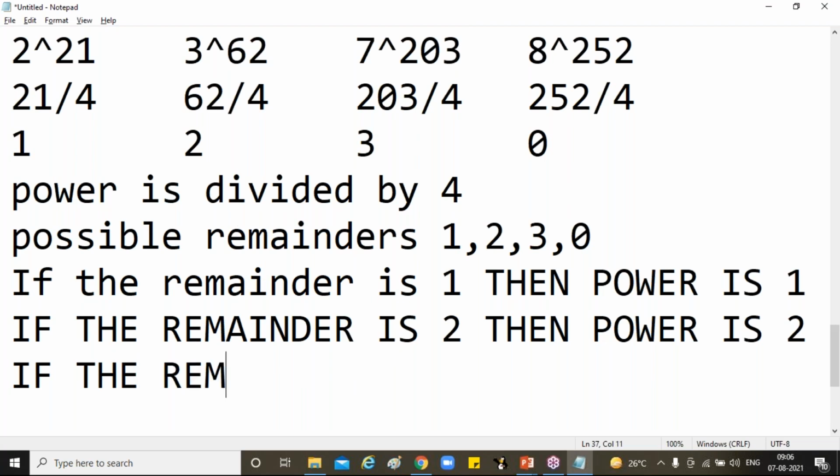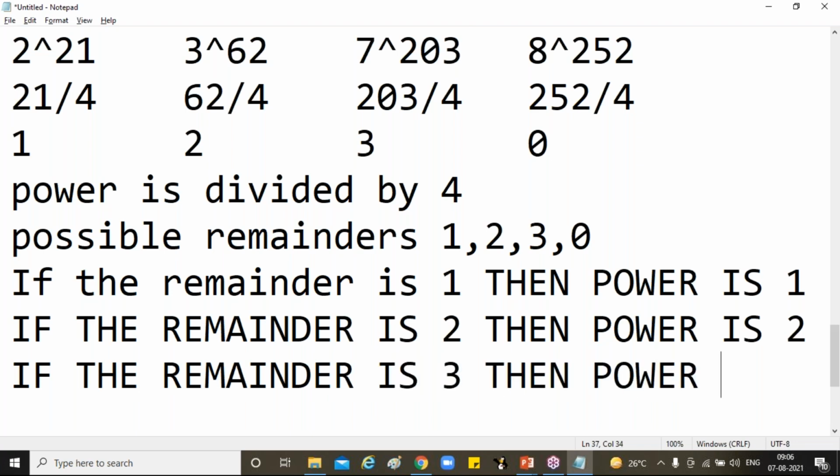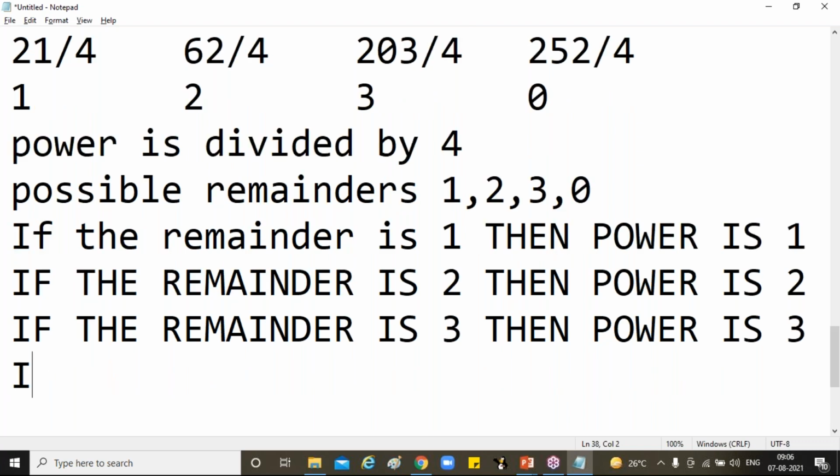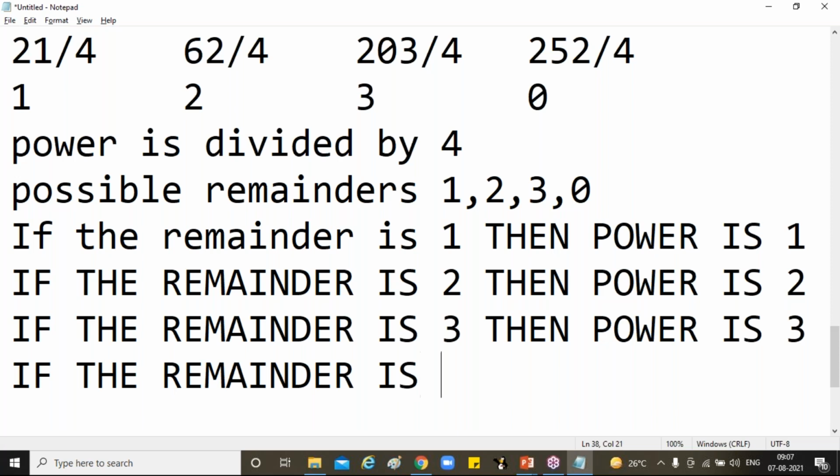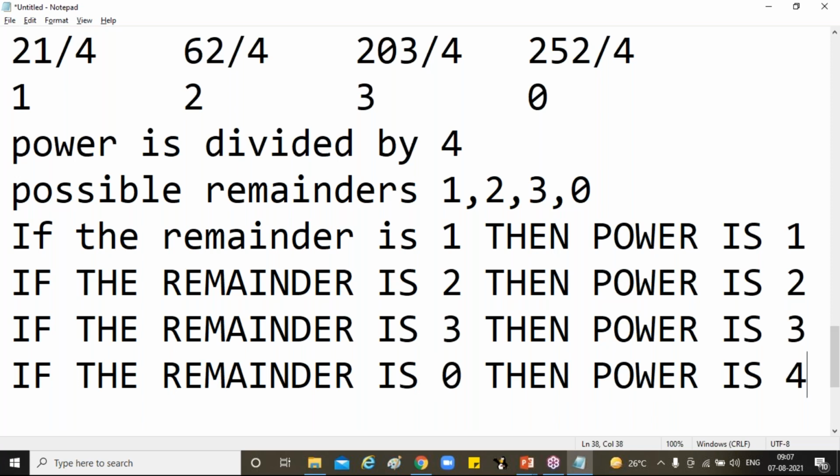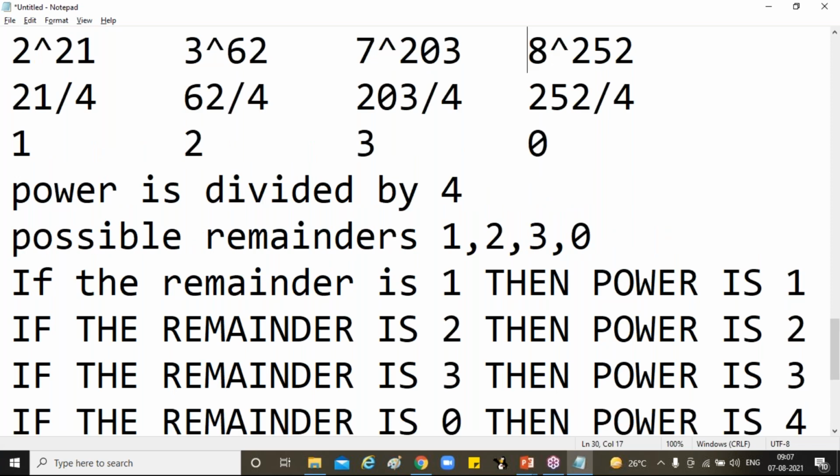If the remainder is 3, then the power is also 3. If the remainder is 0, then the power is not 0, it is 4. In what way it is 4, I will explain, don't worry.